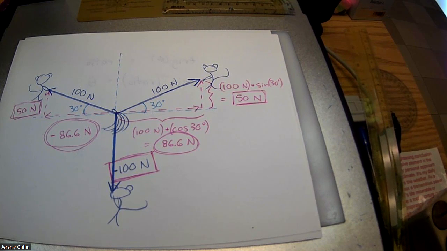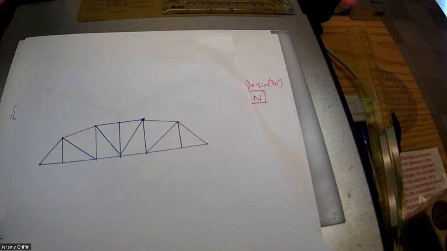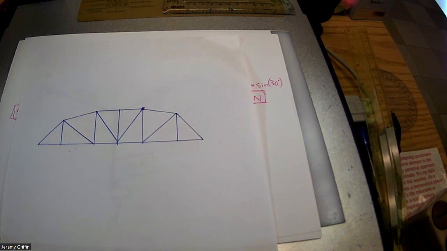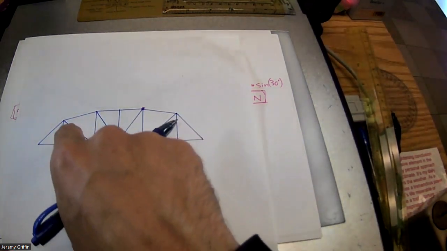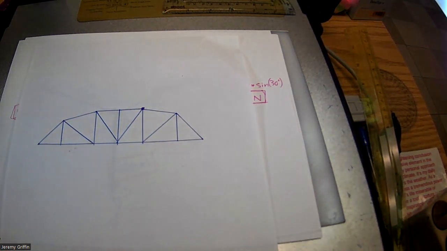How about this? If you're going to be an engineer one day, you might be designing some bridges, possibly. Do you think some of these parts of the bridge might be in tension and other parts might be in compression?